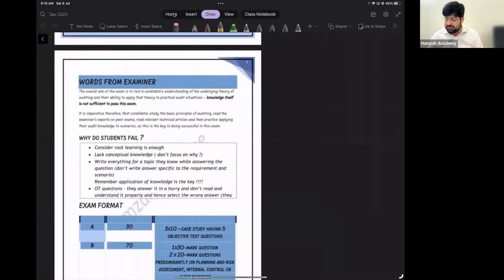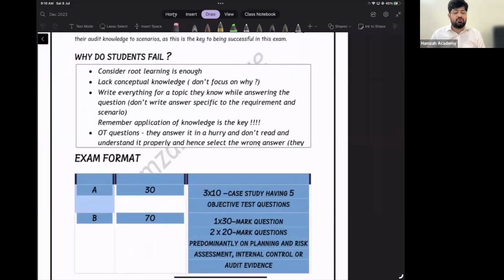Why do students fail? These are the words of your examiner. They just memorize, or they don't focus on the why, the conceptual knowledge, and they do not write. And this is about drafting answers.